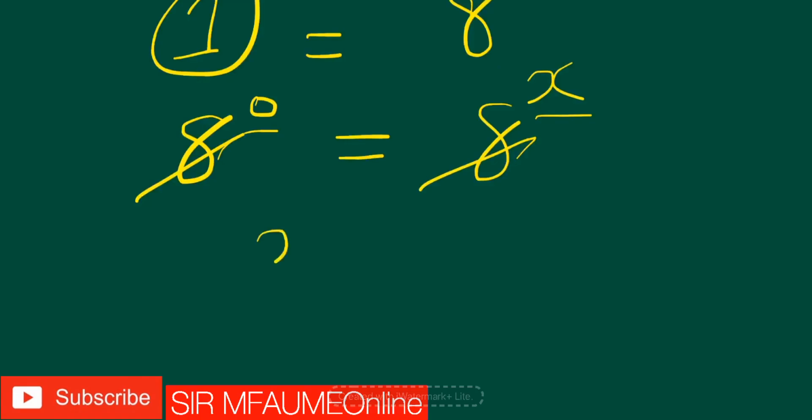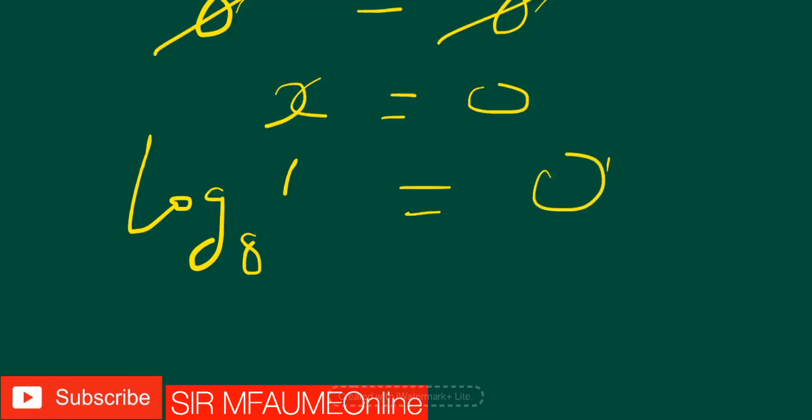So at the end of the day, I find that x equals 0. That's why log 1 base 8 equals 0. So in general, log 1 under any base, the answer must be equal to 0.